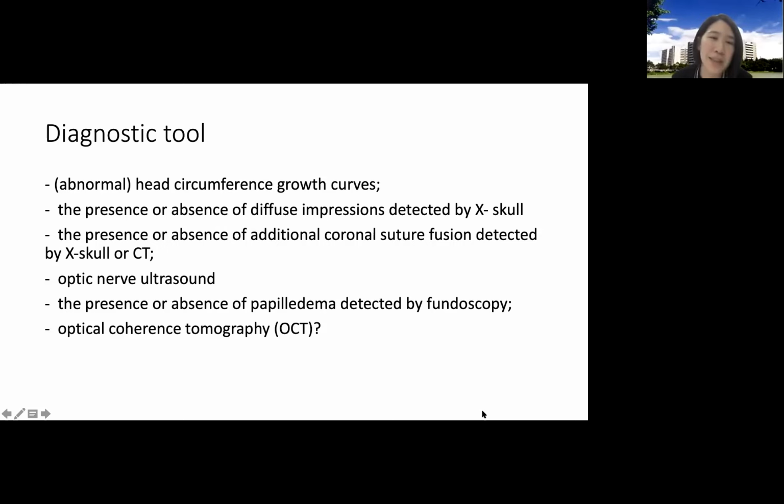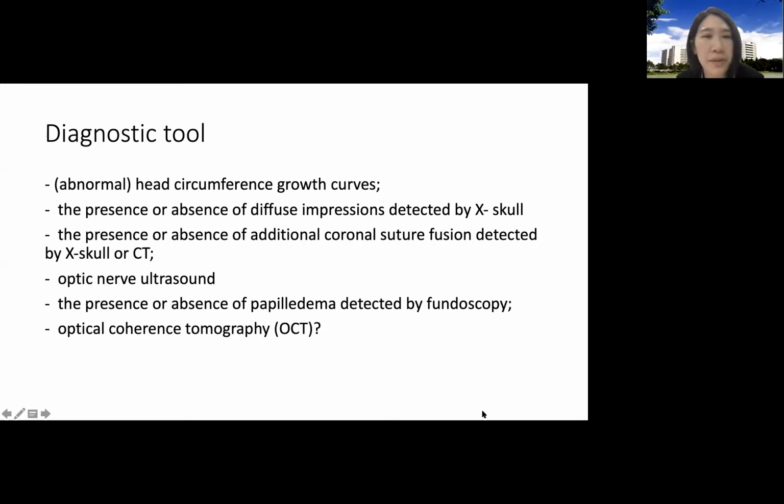However, because the sensitivity is quite low, I think that's not a good method to predict the intracranial pressure. Right now, I think everybody can accept doing fundoscopy to detect papilledema. It is probably an easier and more correct way to predict the intracranial pressure.